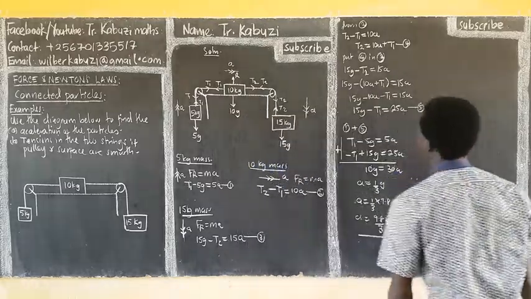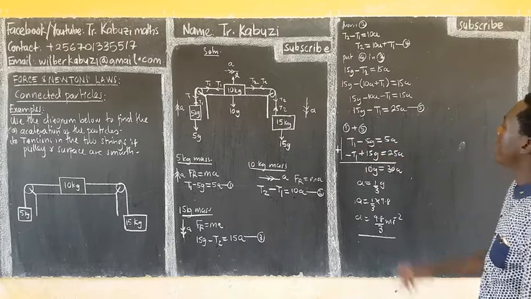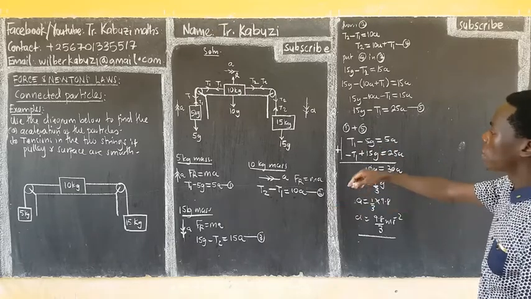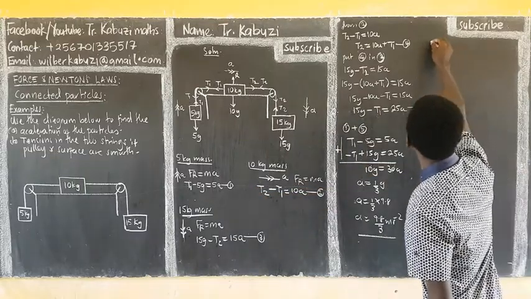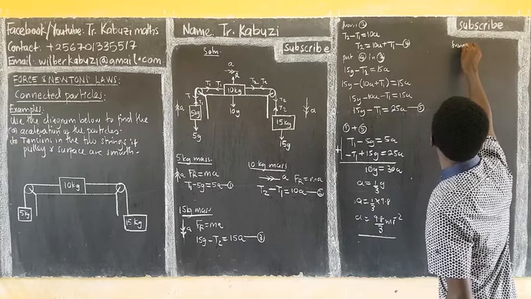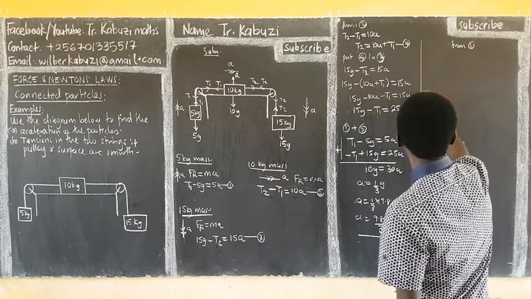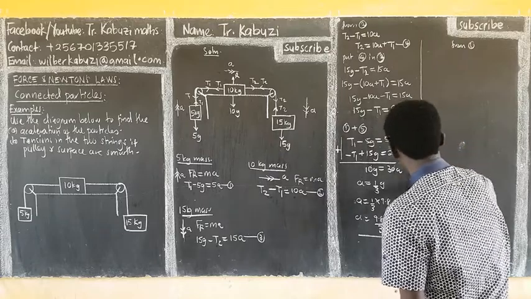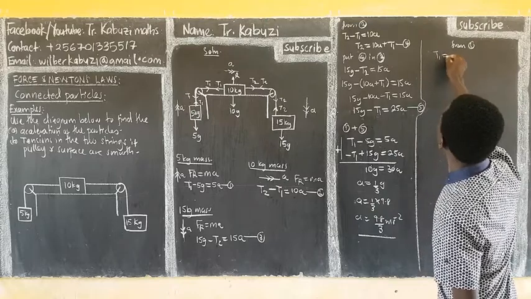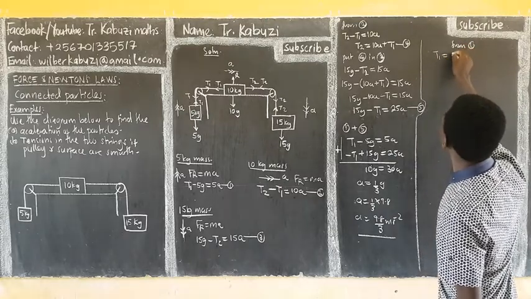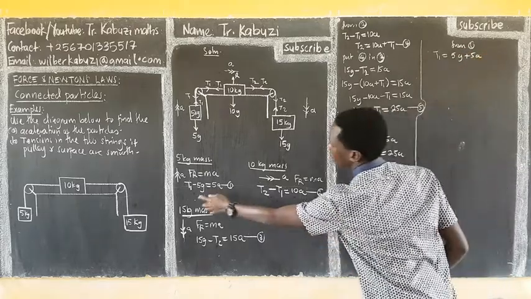So now after getting acceleration, it means that from here I can easily get my T1. So from 1, T1 is equaling to 5g plus 5a, if I take this beside.